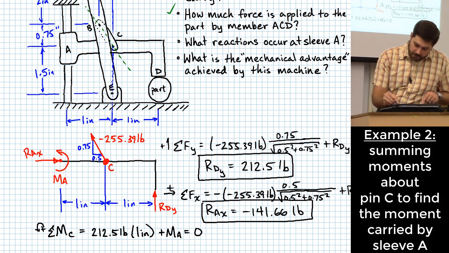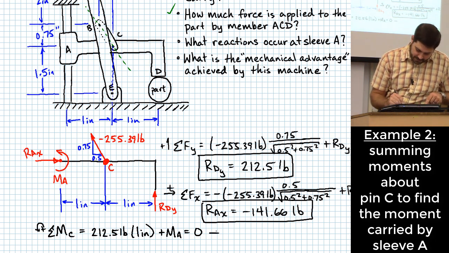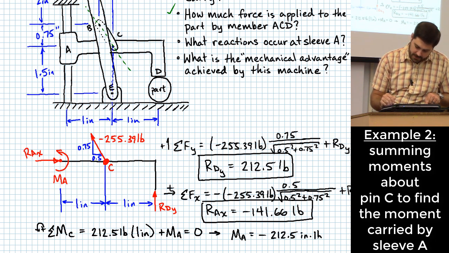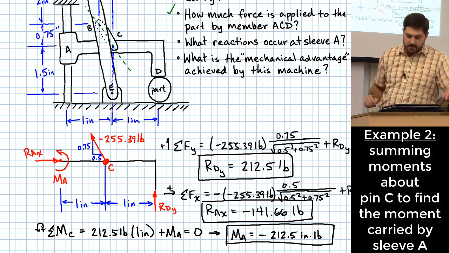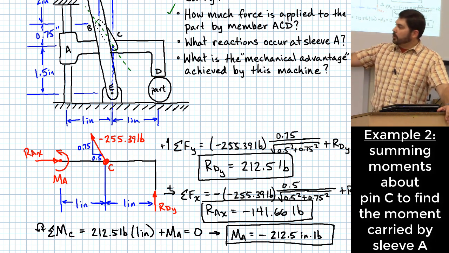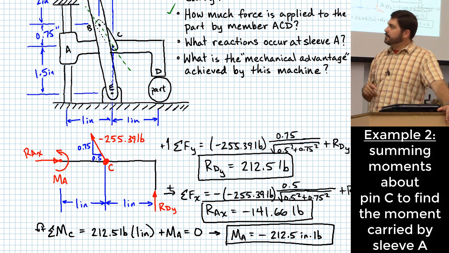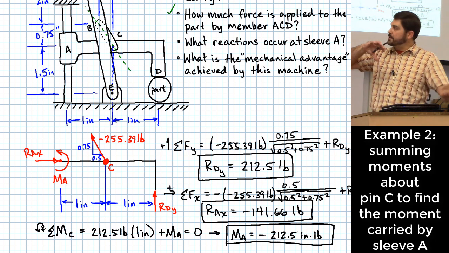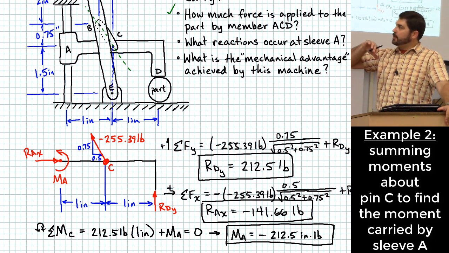Okay, so this becomes really easy, right? MA is negative 212.5 inch-pounds. And the negative means I assumed counterclockwise. I assumed that the rod that part ACD slides on was putting a counterclockwise moment on that part, and I assumed wrong.